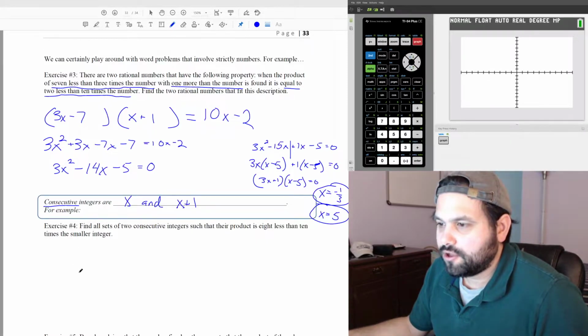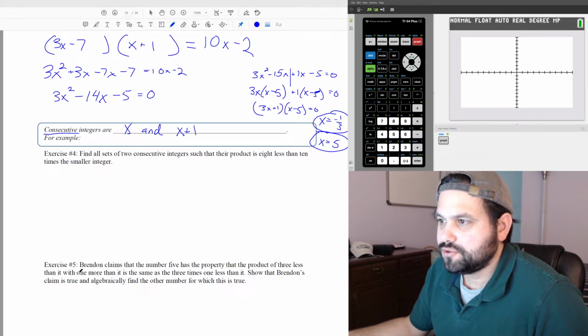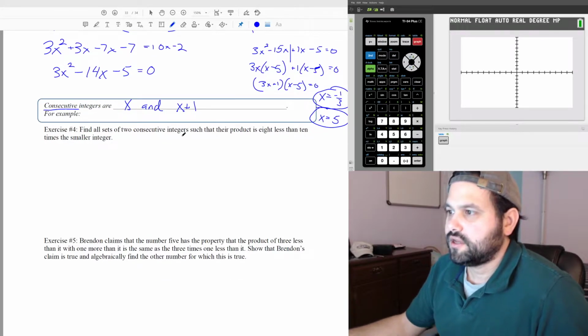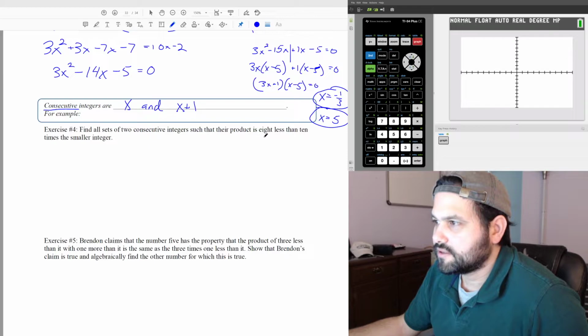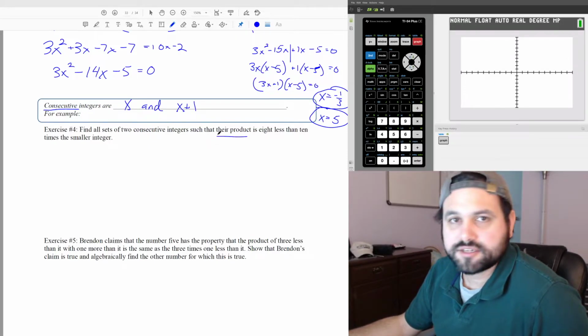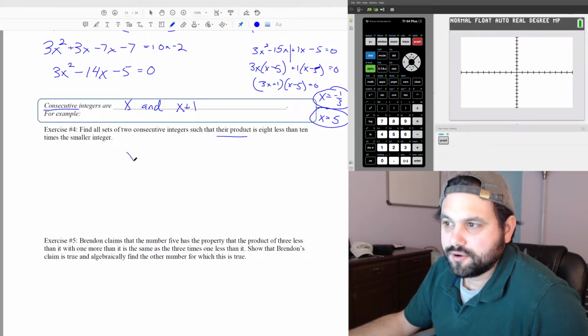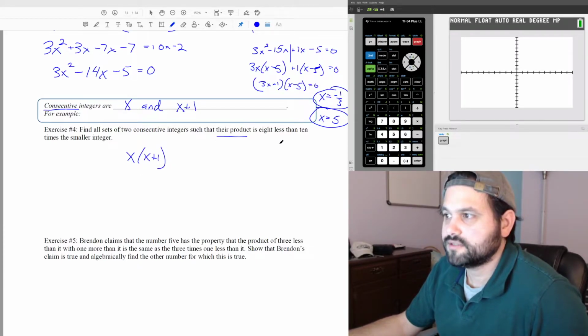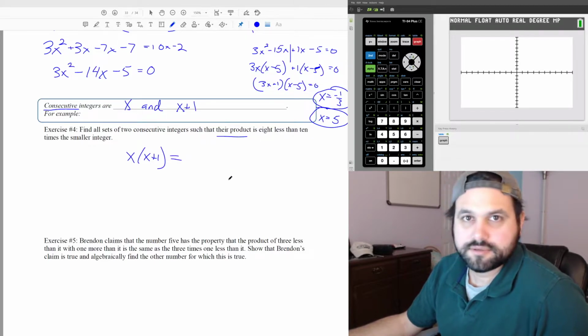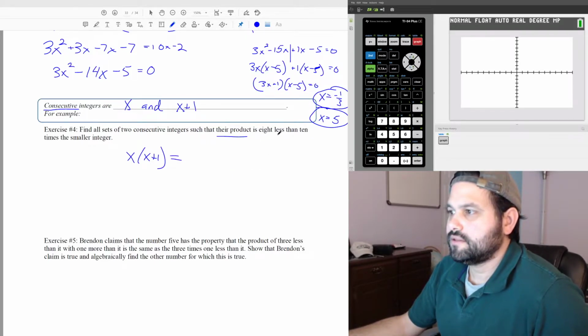So find all sets of two consecutive integers such that their product, the product of these two consecutive integers, so x times x plus 1, multiplying them together, that's what product means, equals 8 less than 10 times the smaller integer.